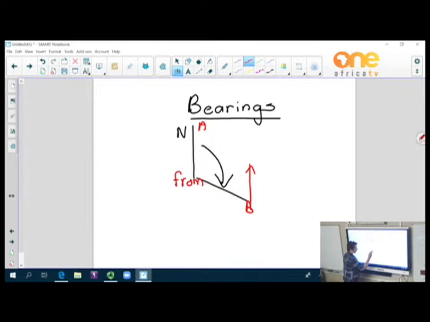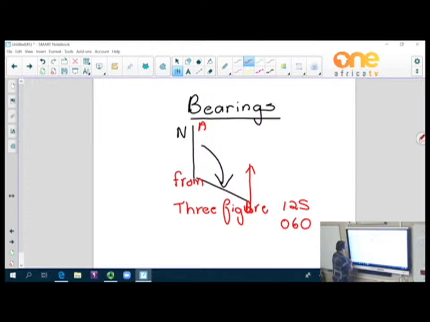So here you have co-interior angles. And then we give it as a 3-figure bearing. So that means, for instance, this one is 125 degrees. That's the bearing. If there's no 0 there, or if it's a smaller number, then we use a 0 in front for bearings.